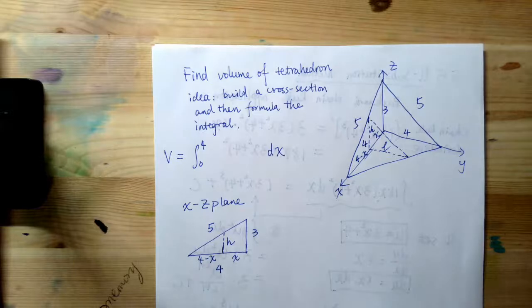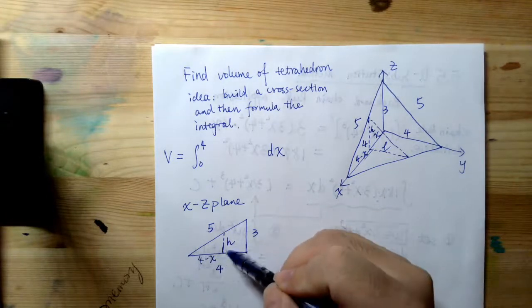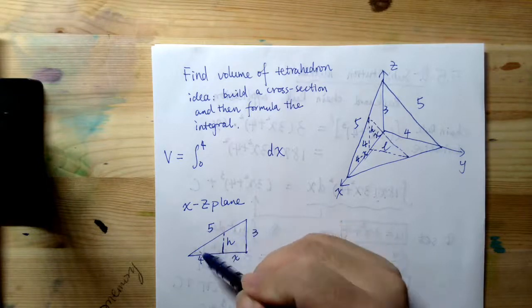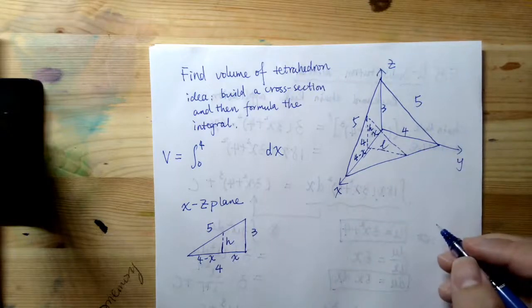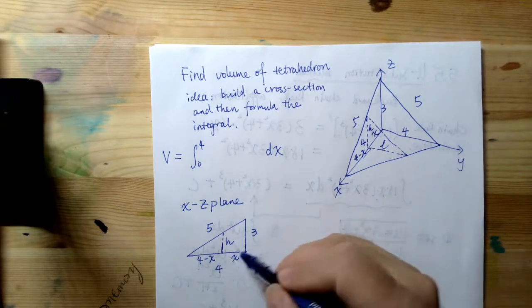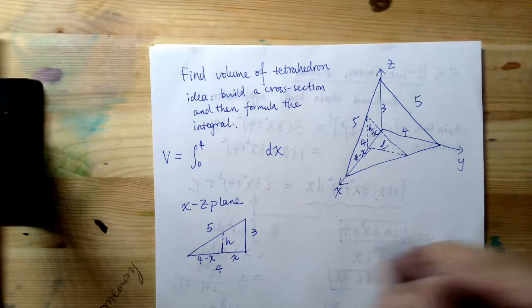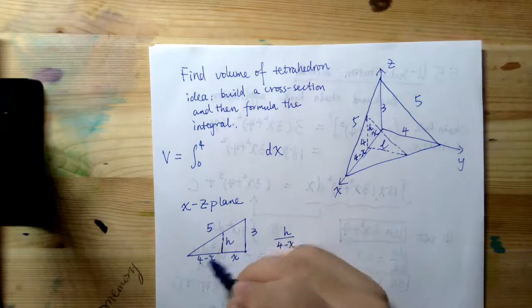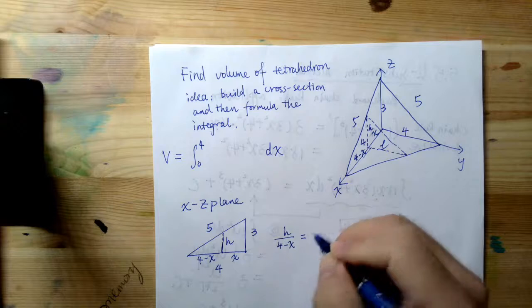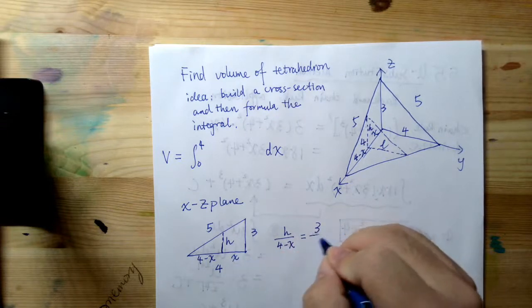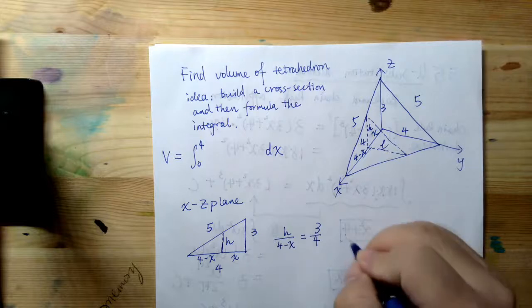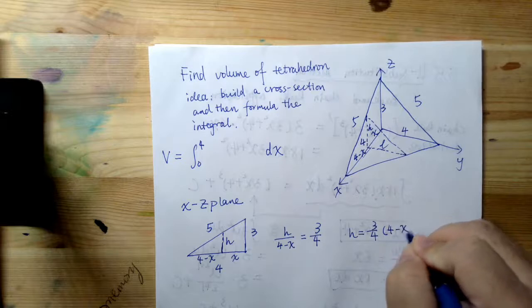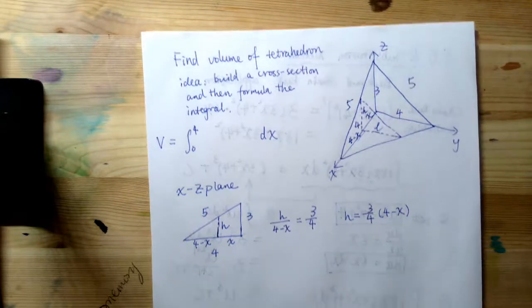And as you can see, this small triangle is similar to the larger triangle. The ratio of the sides is going to be the same, meaning h over 4 minus x, the ratio of this over this, is going to be 3 over 4. So we can find h is 3 over 4 times 4 minus x.